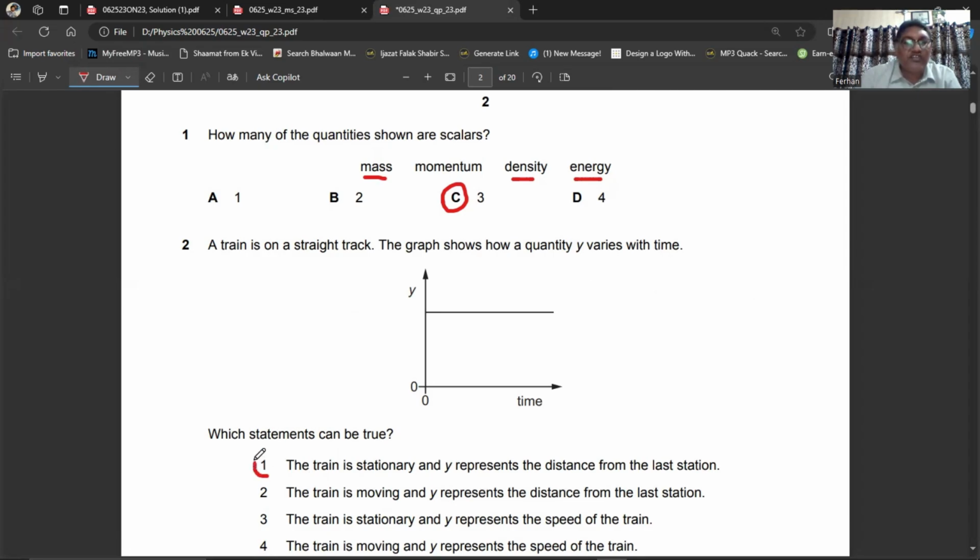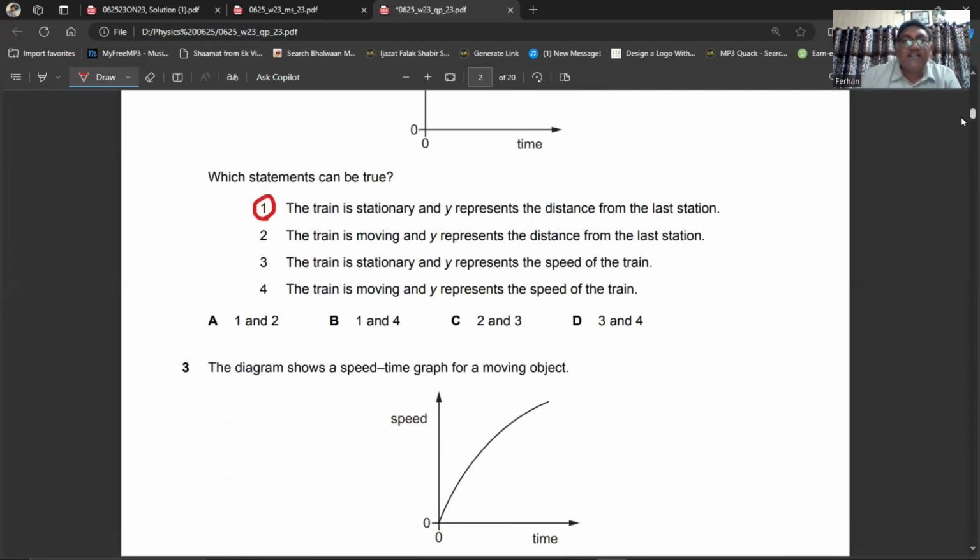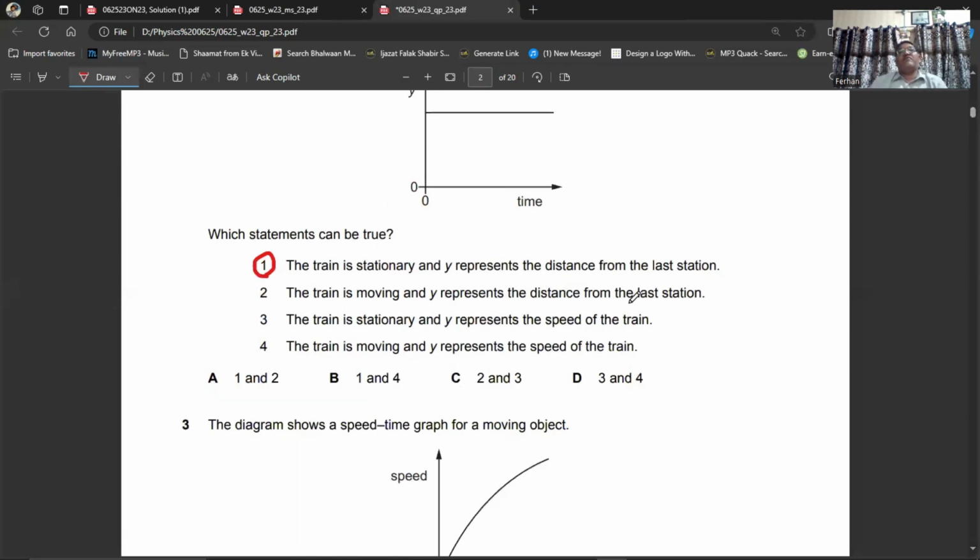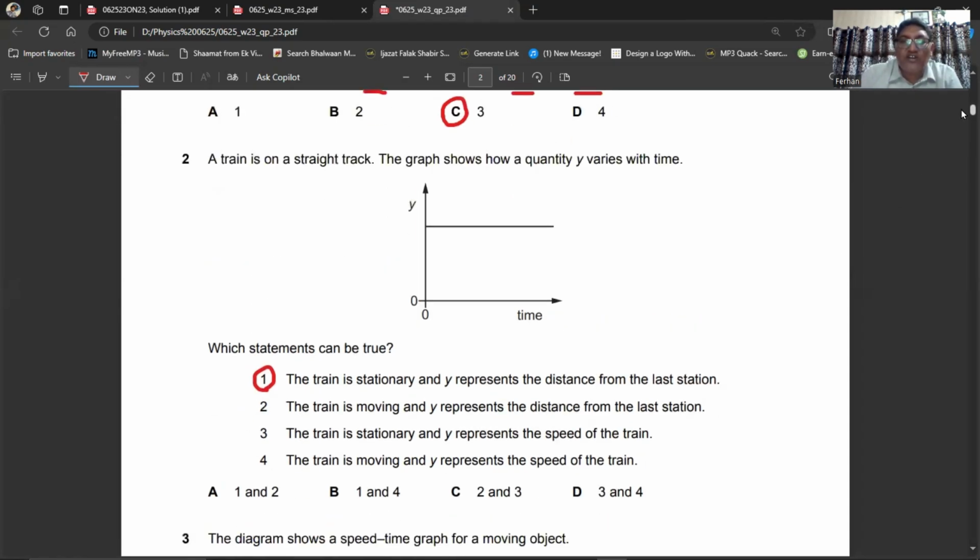So yeah, this can be true. Then he says the train is moving and y represents the distance from the last station. If the train is moving, then the graph cannot be horizontal if y is distance.